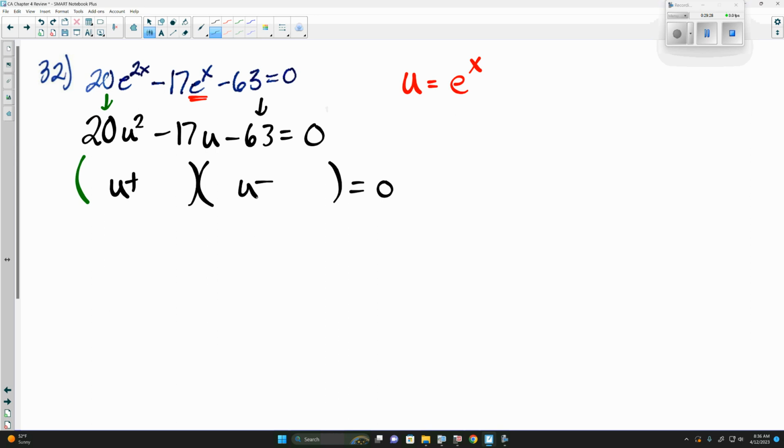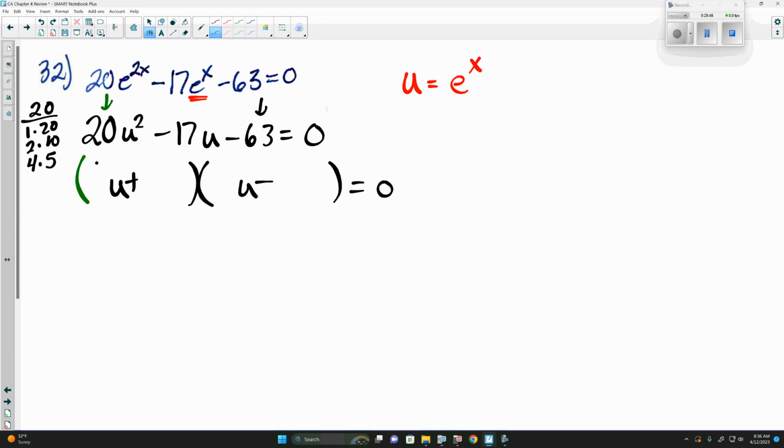One thing I know for sure is that I'm going to have u and u for u squared. Factors of 20 are 1 and 20, 2 and 10, 4 and 5. Out of all these, I'm going to try 4 and 5.